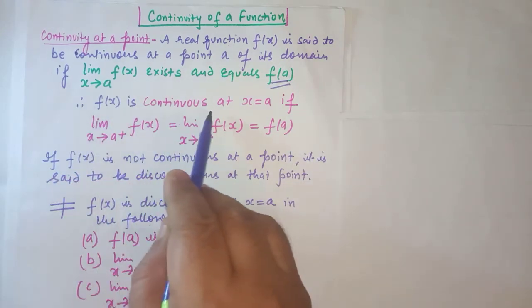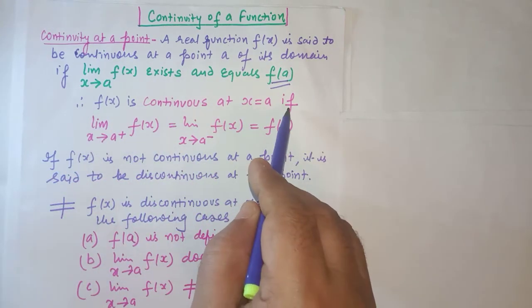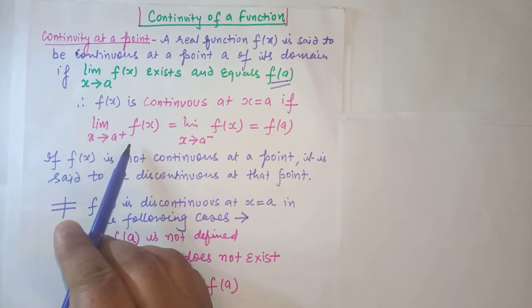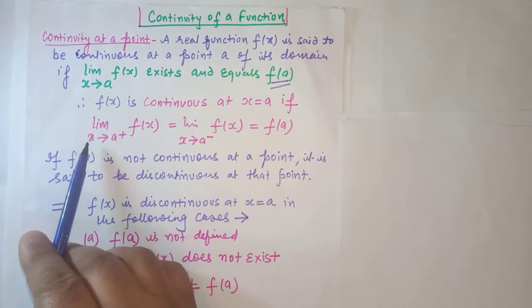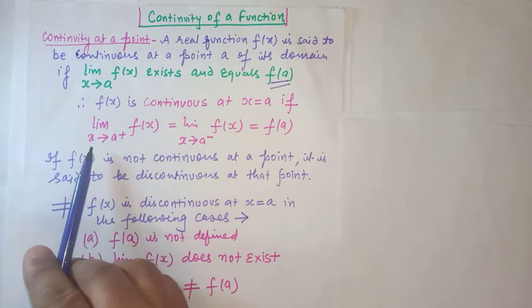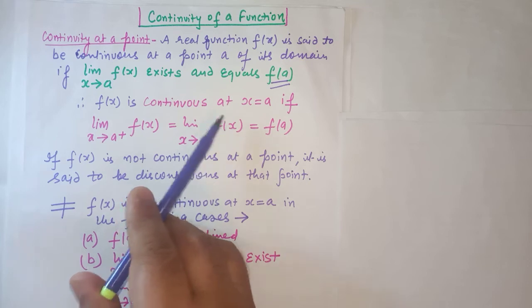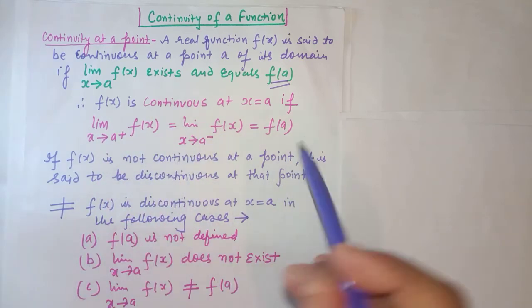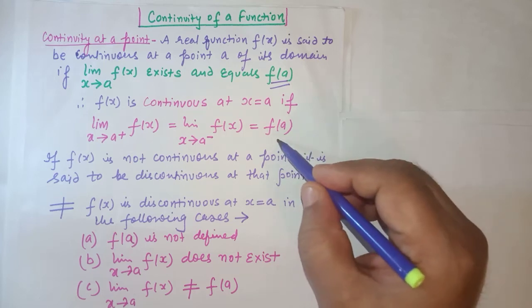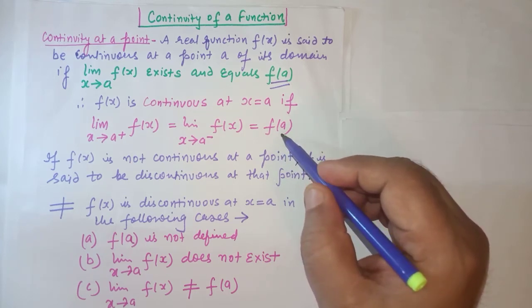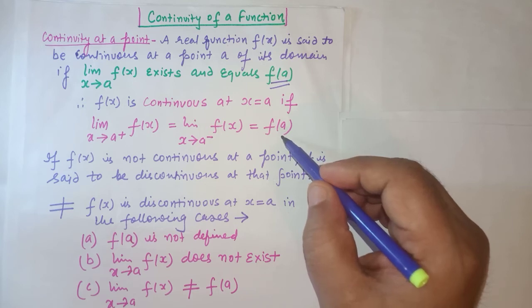Therefore, f(x) is continuous at x equal to a if the left hand limit and the right hand limit are both equal to the value of the function at x equal to a.